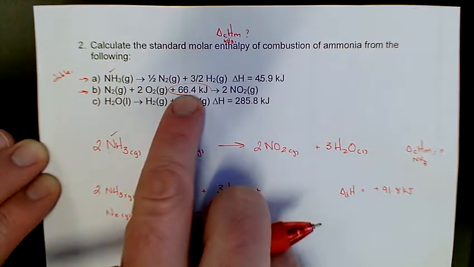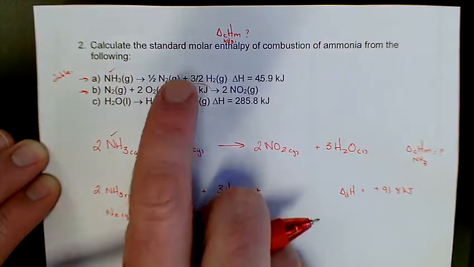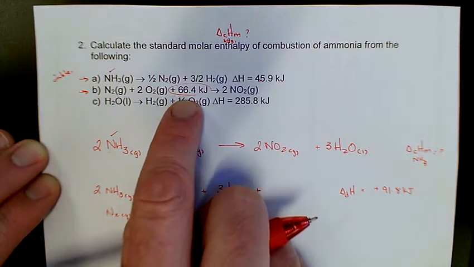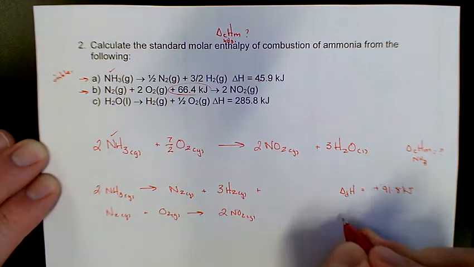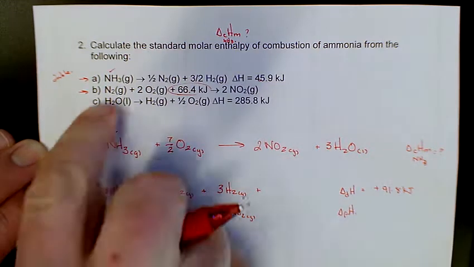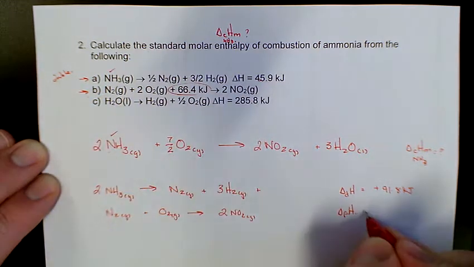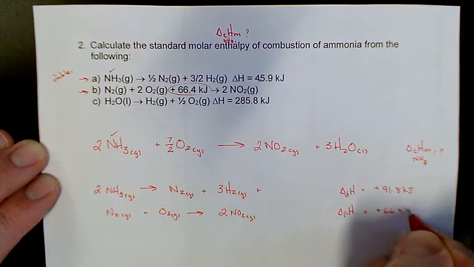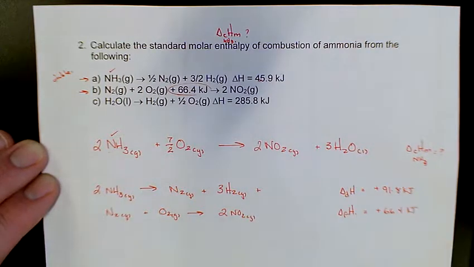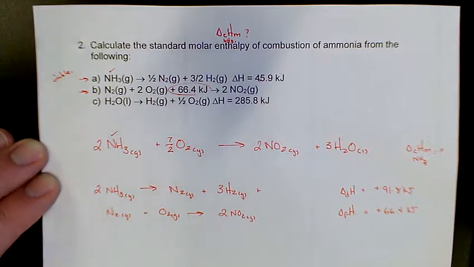I have 66.4 kilojoules required for this equation, and it's written as a reactant. That means it's endothermic. I needed energy before I could make the product. So when I take a look at the formation enthalpy, because I'm just forming nitrogen dioxide, it is going to be positive 66.4 kilojoules. And this takes us back to chapter 11.3, the different ways we can communicate enthalpy.